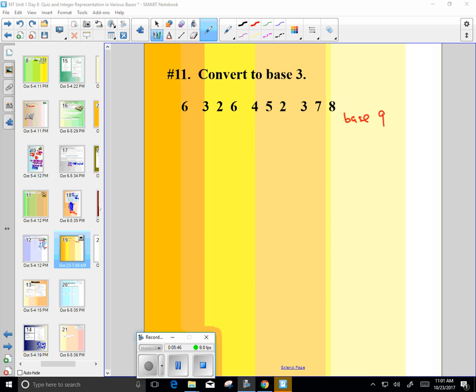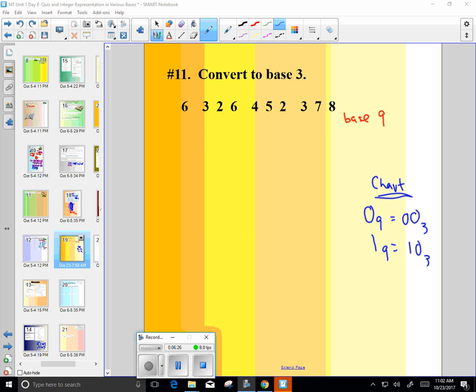But what you could do is, let's do a little chart here just for fun. What is 0 base 9? What is that in base 3? Well, it's just 0, right? What is 1 base 9 in base 3? 1, 0, correct? Base 3, because this is 3 to the 0, 3 to the first. Wait a minute.